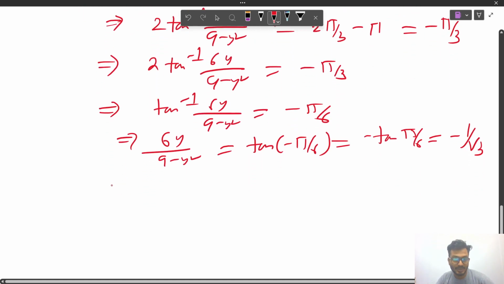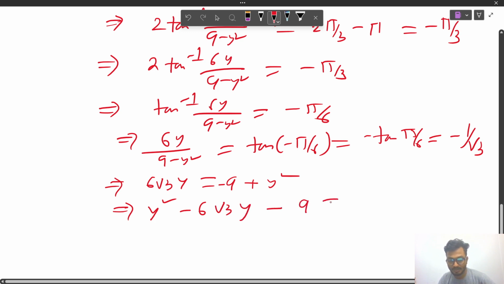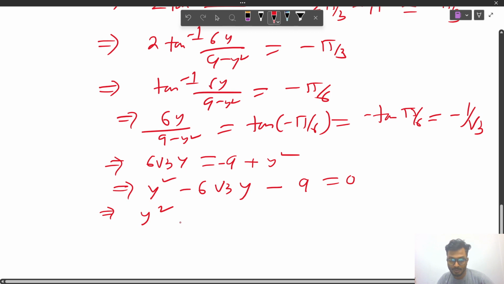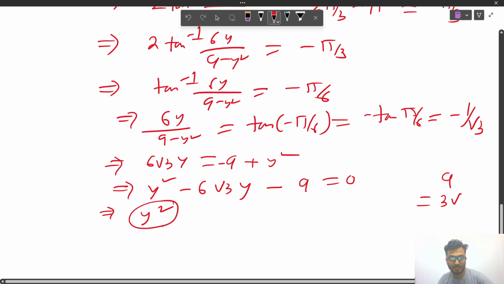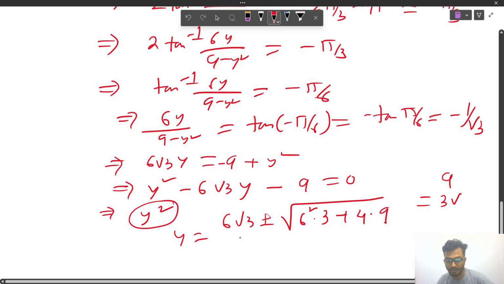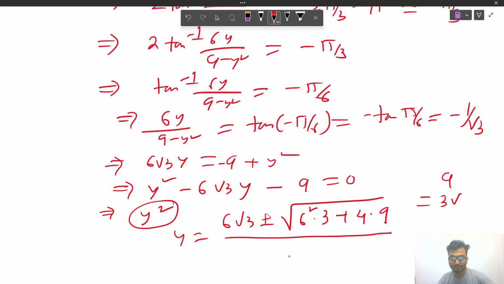Now let us find y from here. So 6 root 3 y equals minus 9 plus y square, implies y square minus 6 root 3 y minus 9 equals 0. Using the quadratic formula, y equals 6 root 3 plus minus root of b square, that is 6 square into 3, minus 4 into a into c, that is 9, divided by 2.